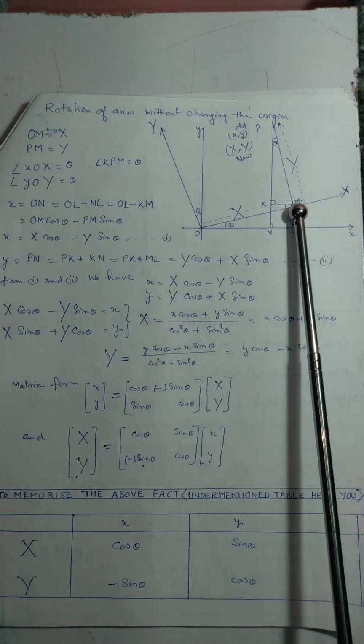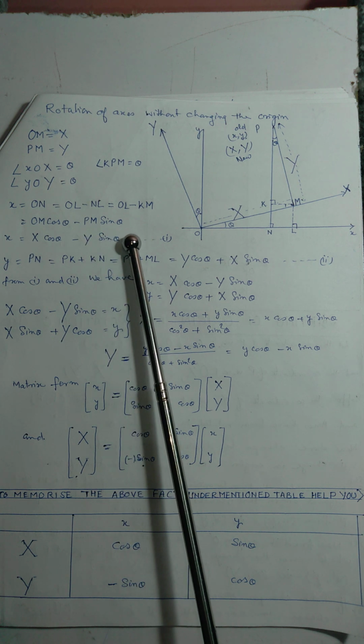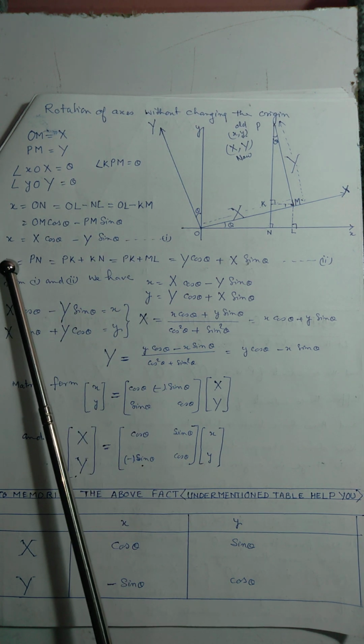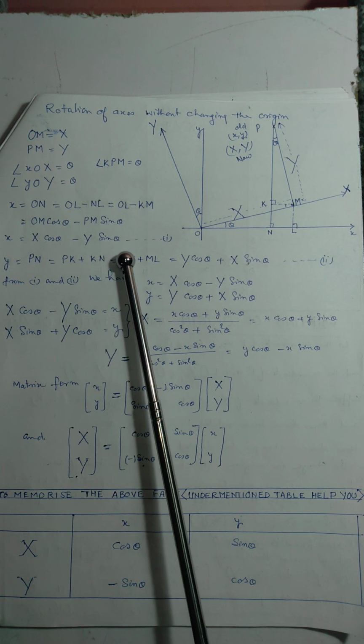So small x will be equal to capital X cos theta minus capital Y sine theta.